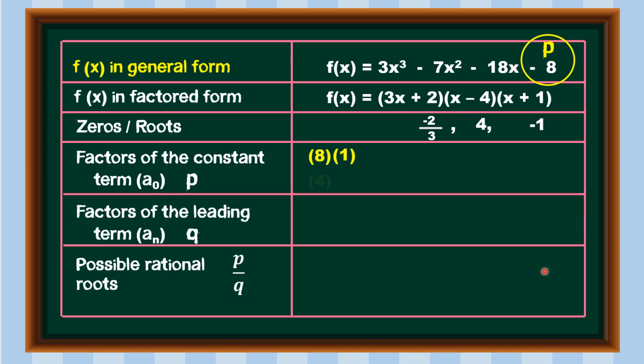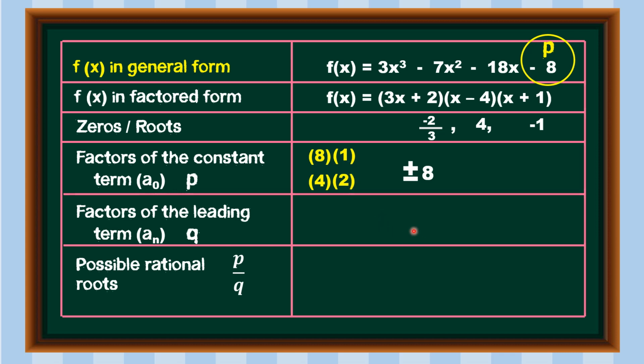Kasi negative yan eh. At pwede rin namang 4 times 2. Again, pwedeng positive 4 times negative 2 para maging negative 8. Or, pwede rin naman negative 4 times positive 2 para maging negative 8. So, we have 8 positive and negative. Kasi, diba nga, pinaliwanag ko kanina, pwedeng positive 8 times negative 1 o kaya negative 8 times positive 1.